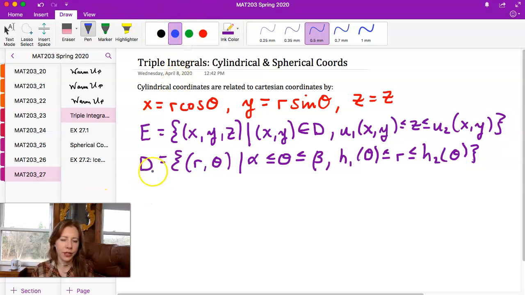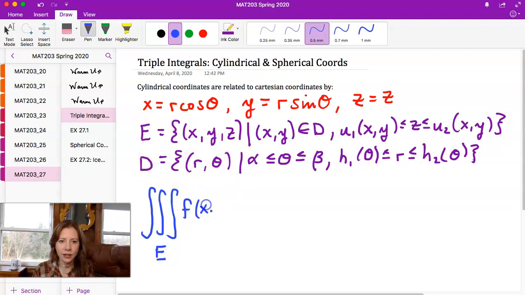Okay, so let's go through our formal definition now that we have our regions E and D set up and defined. So we're going to do a triple integral over our region E, defined up above, for a function in terms of x and y and z, dV, which can be converted to cylindrical coordinates as follows.